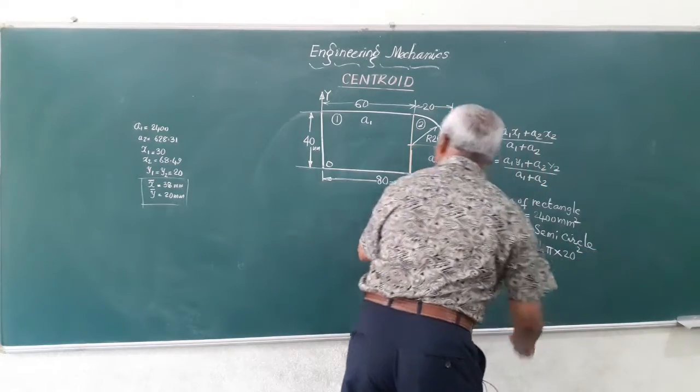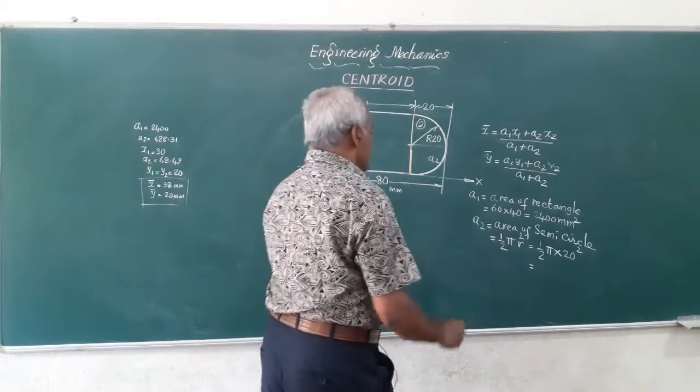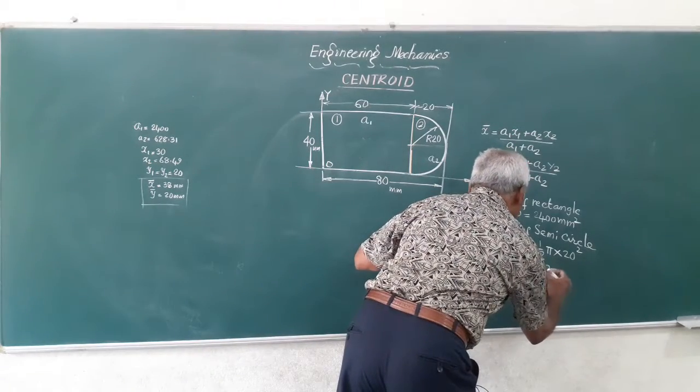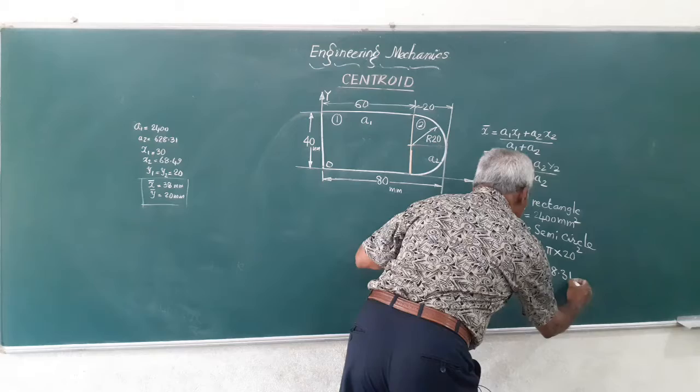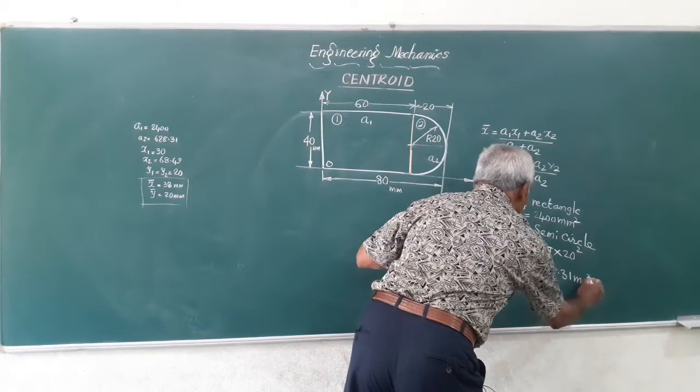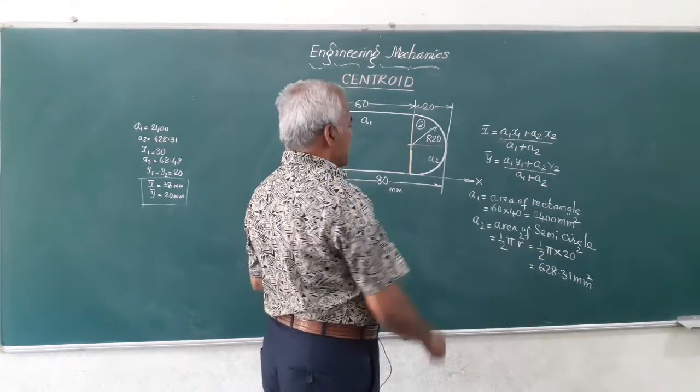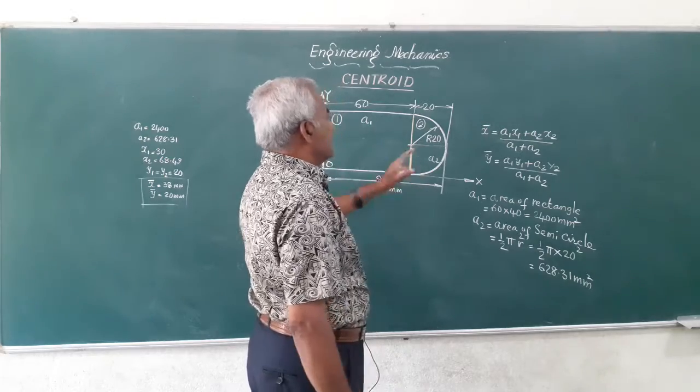If you simplify, you get this area equal to 628.31 millimeter square. So we know the areas of both the rectangle and the semicircle.